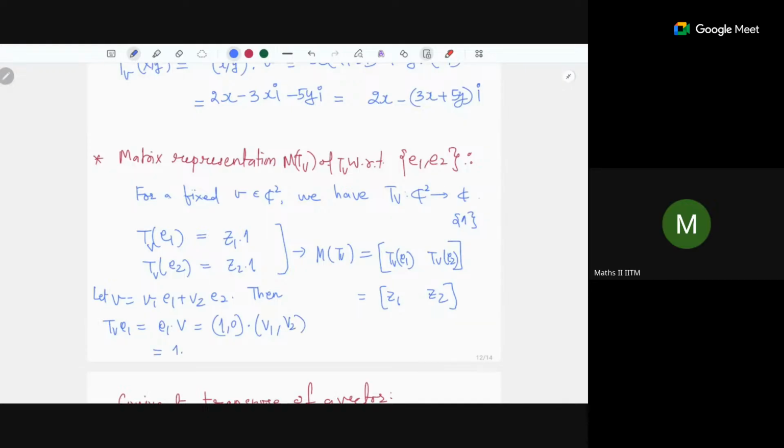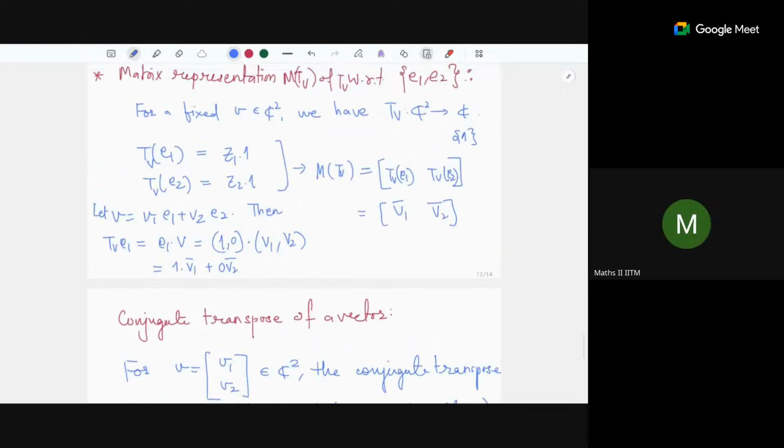You will get 1 times v1 bar and 0 times v2 bar. So z1 is nothing but v1 bar. Similarly, for z2 you will get v2 bar. So this is how you can express the matrix representation of this.